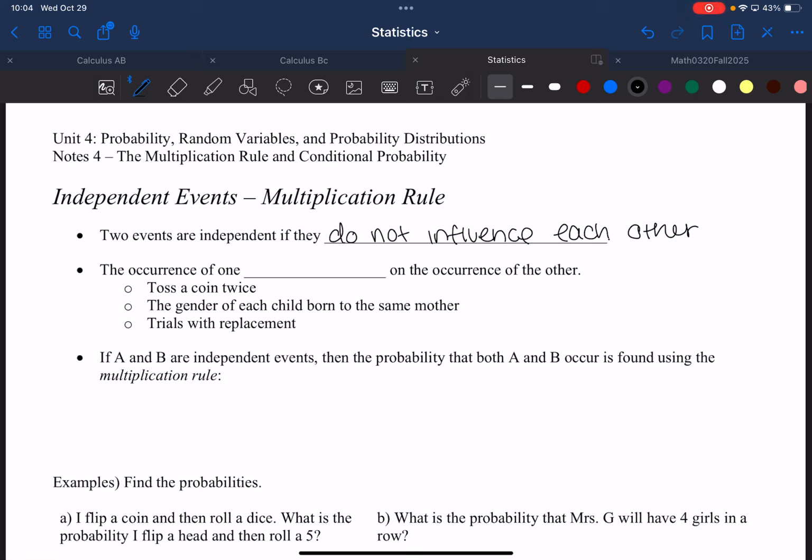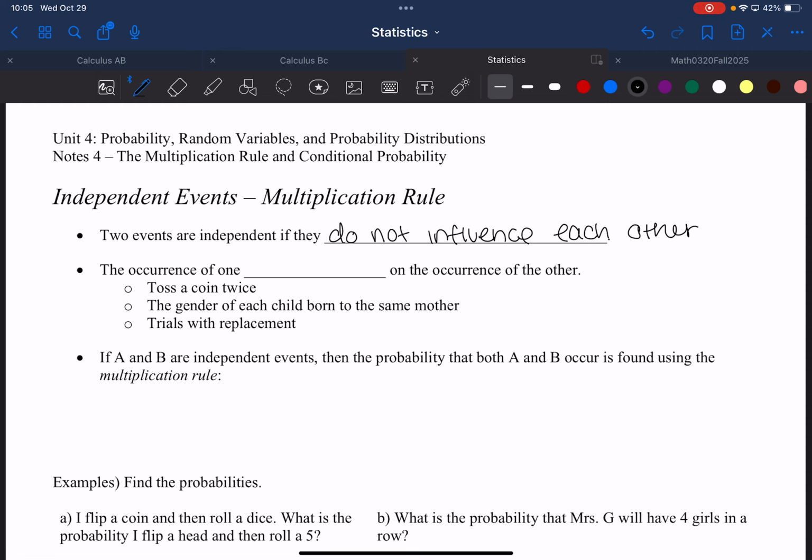What's the other one that we learned in previous notes? Mutually exclusive events. Almost sounds like mutually exclusive, right? Because what does mutually exclusive mean? Can they happen together or they cannot happen together? Cannot happen together, right? Mutually exclusive means they cannot happen together, where independent is they do not influence each other.